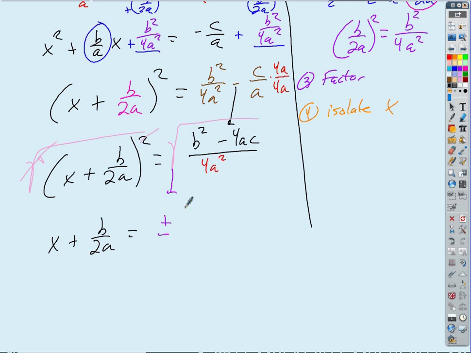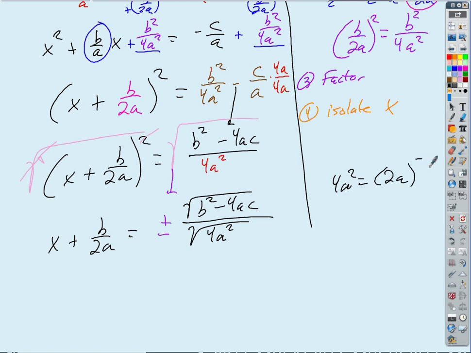So I'm going to get the square root of b squared minus 4ac divided by the square root of 4a squared. What's the square root of 4a squared? Not 4a. 2a, isn't it? Because wouldn't you agree that 4a squared is the same thing as 2a times 2a?